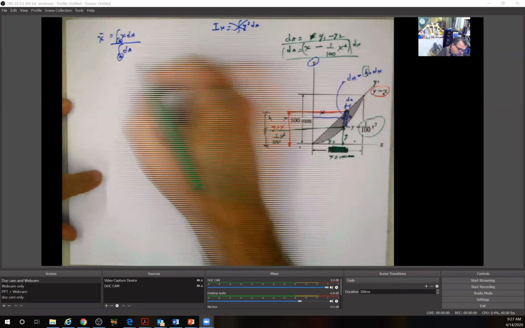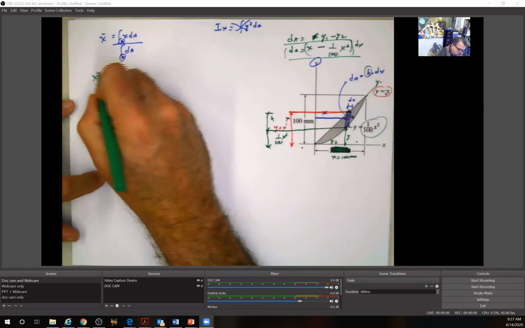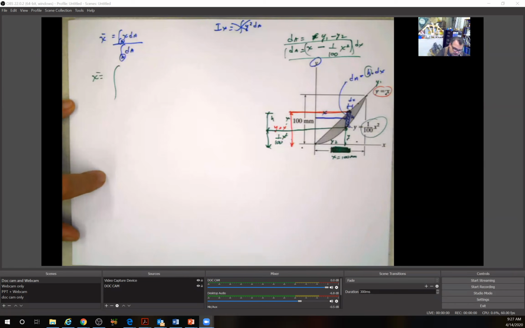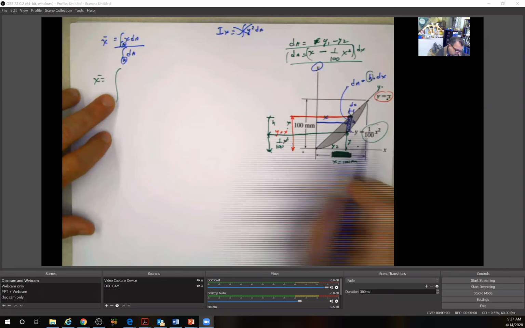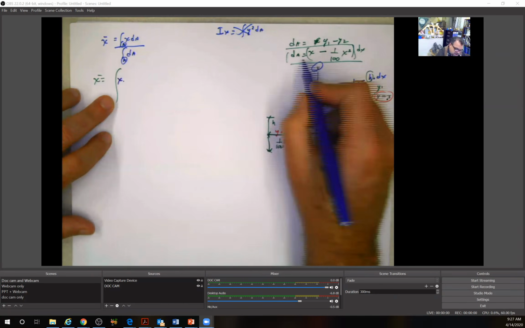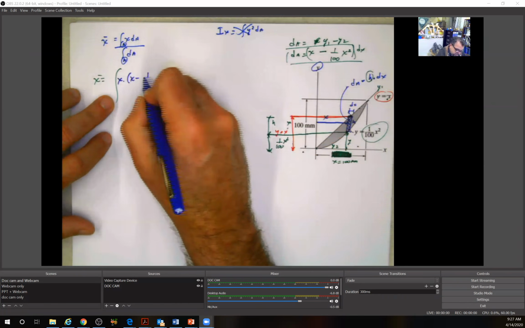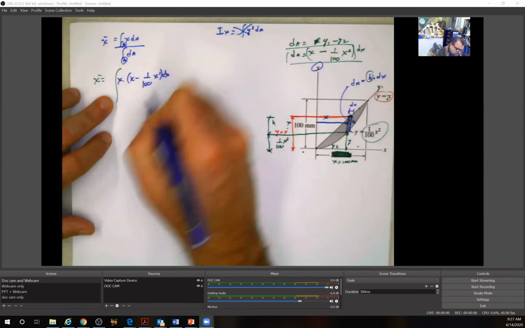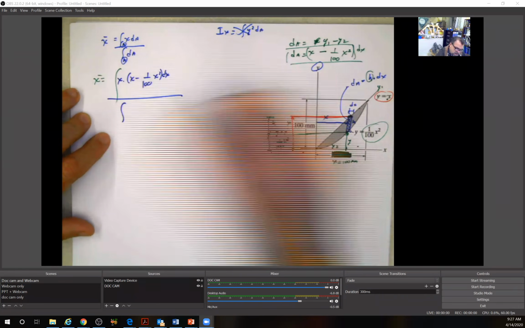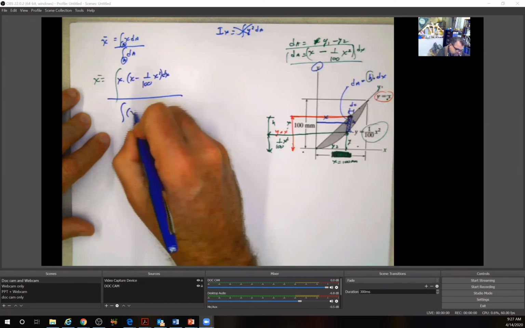Now, once you have that, you can come into the general equation and say, okay, this is going to be the integral of x times dA, and dA is this, divided by the integral of dA, and the integral of dA is that.